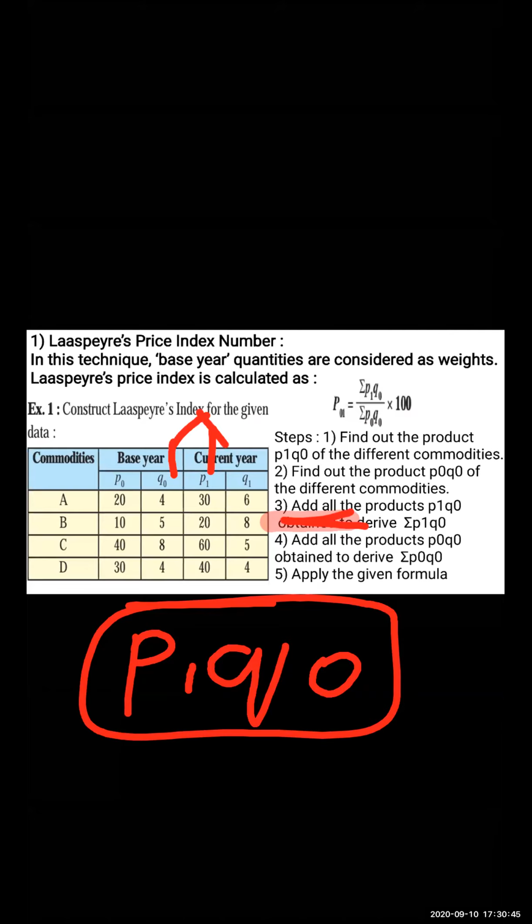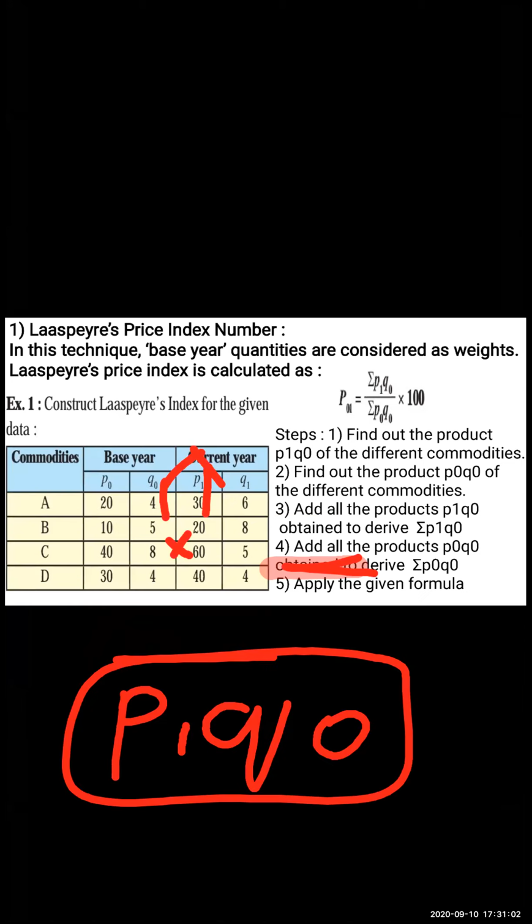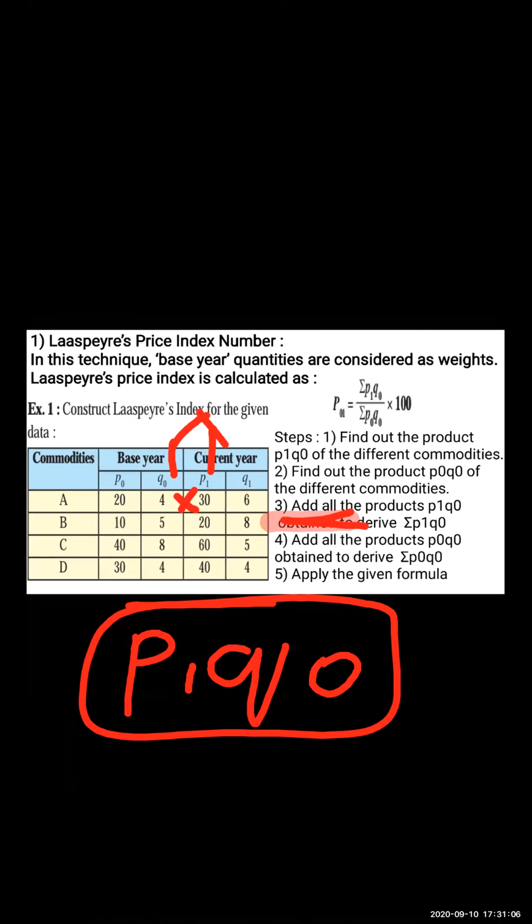Okay, let us multiply for the first commodity. 4 into 30 is how much? 30 fours. What is 30 fours? Yes. The first commodity, beside commodity A, right? Good. 120.